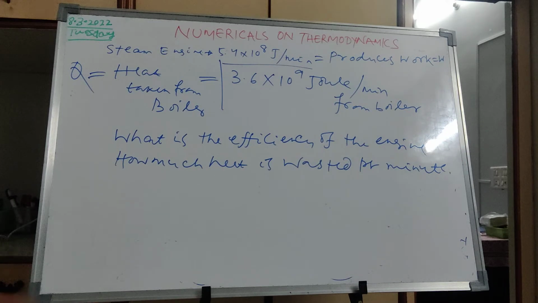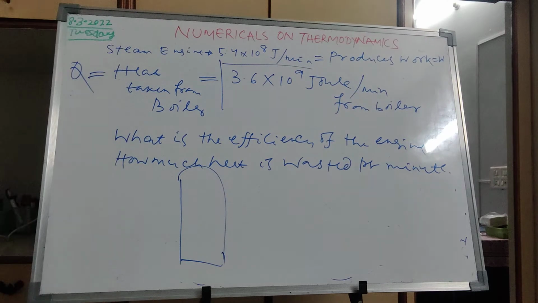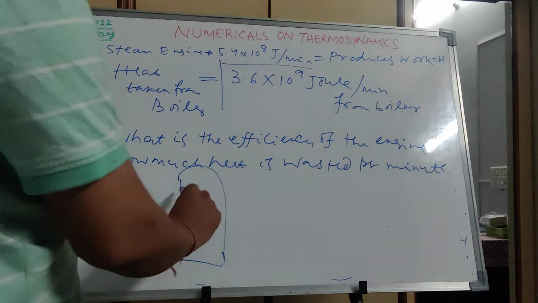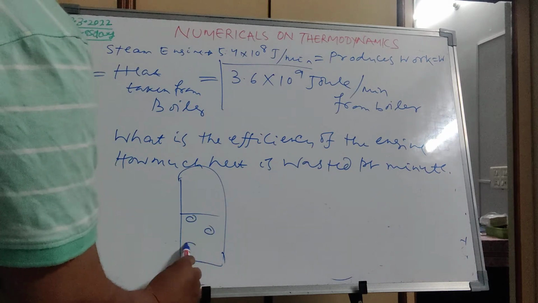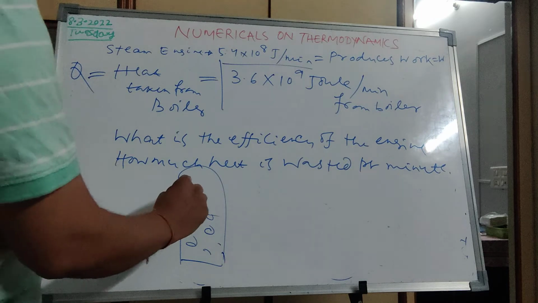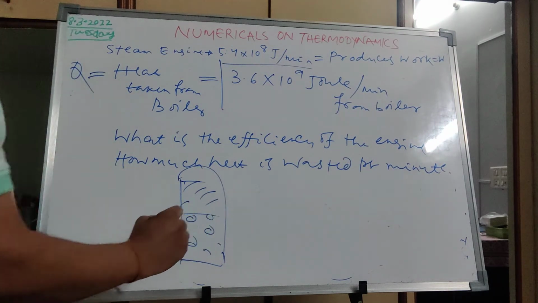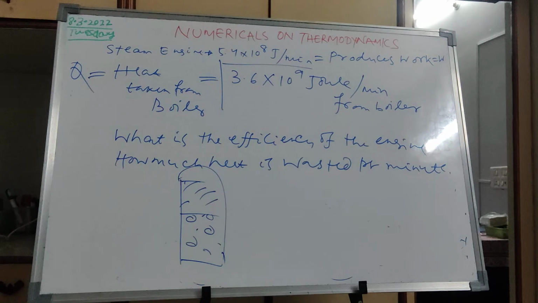Let me say this is my boiler. Inside this boiler, you have some coal burning. Then let us say there is some water here. So this water will get heated and steam will get produced.